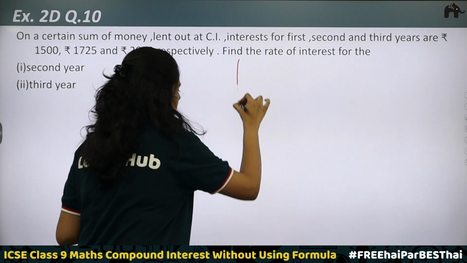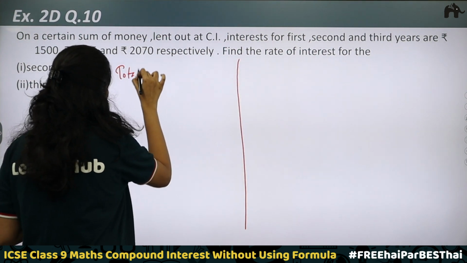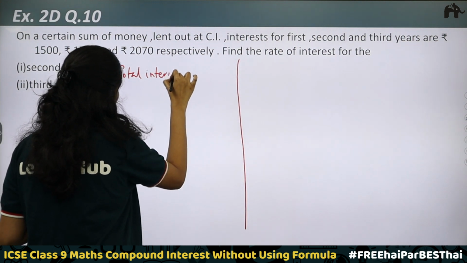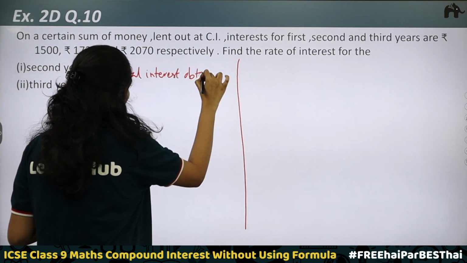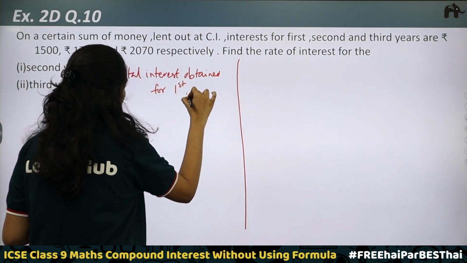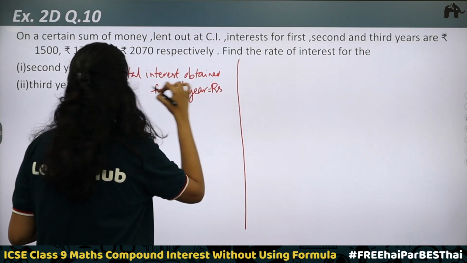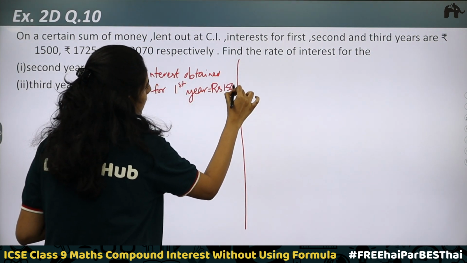Here what is the total interest obtained for first year? Total interest obtained for first year is equal to rupees 1,500.